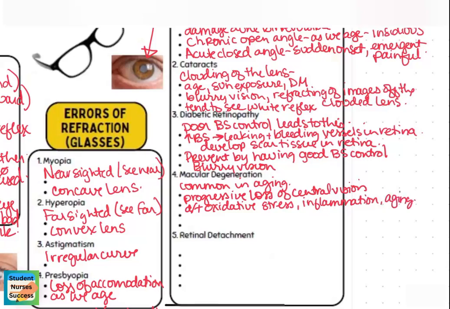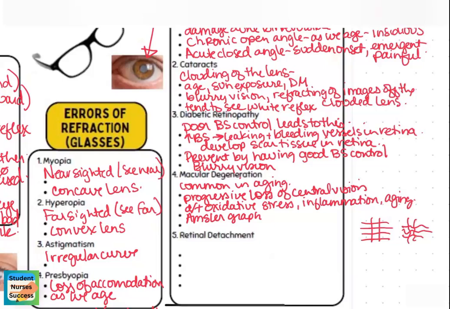Patients start to develop distorted central vision, and this may be identified with something called an Amsler graph. With an Amsler graph, it's actually a graph of lines. And a normal patient will see the lines straight. But in a patient with macular degeneration, the lines become wavy in the center and distorted.